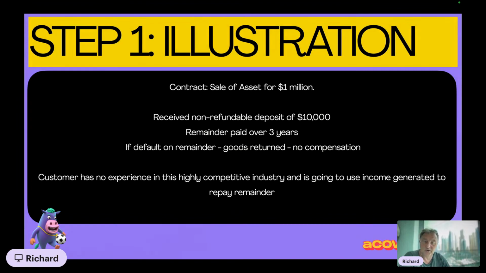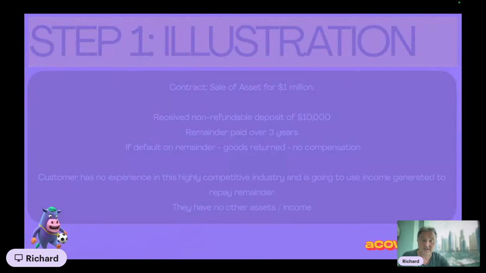So the customer that we're talking about here is in a highly competitive industry, and they're going to use income generated to repay the remainder, but they have no other assets and no other income, okay? And they've got no experience in the industry, so we're not sure if that consideration is probable.